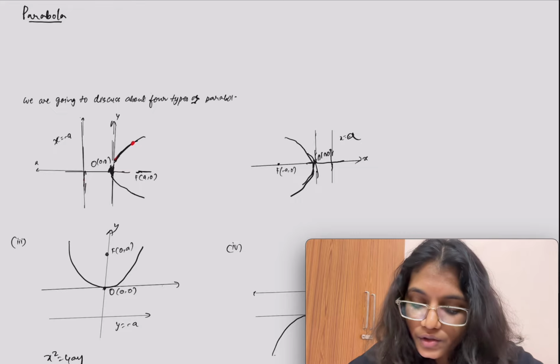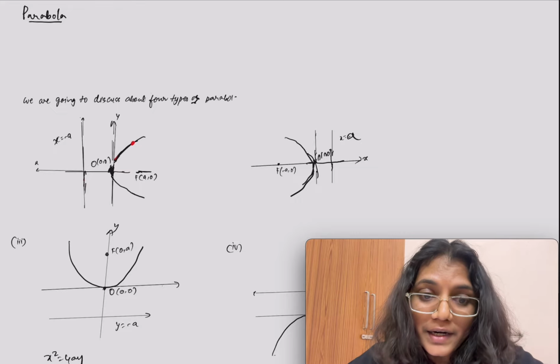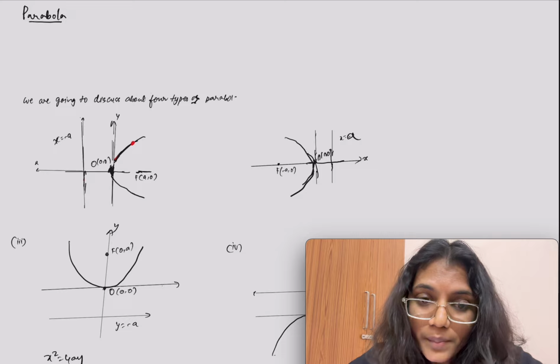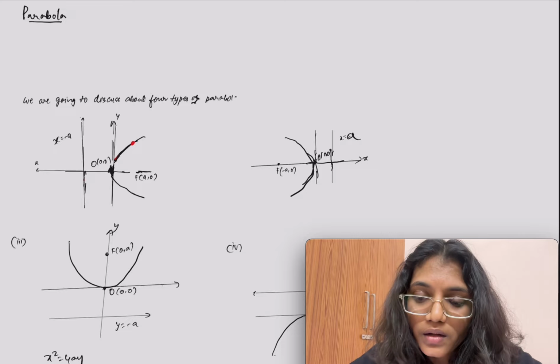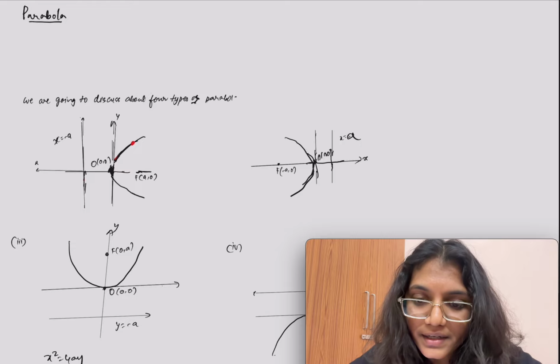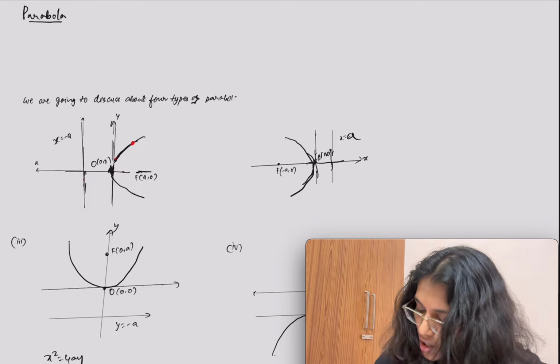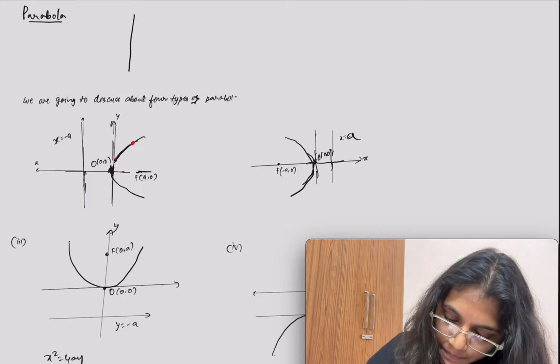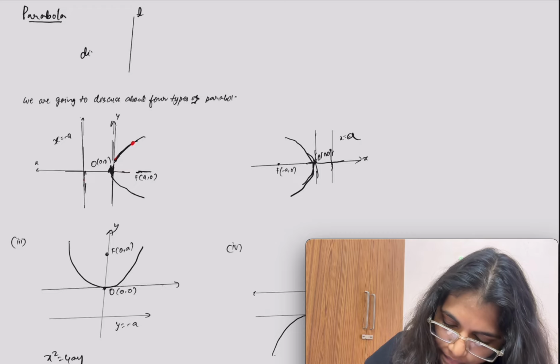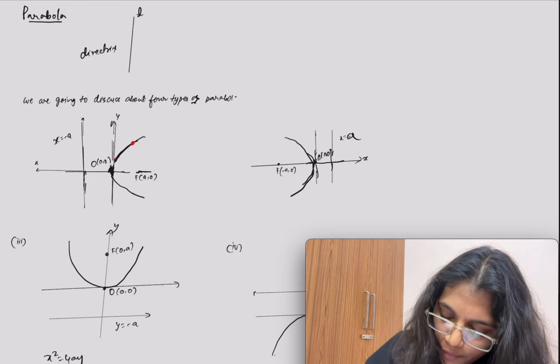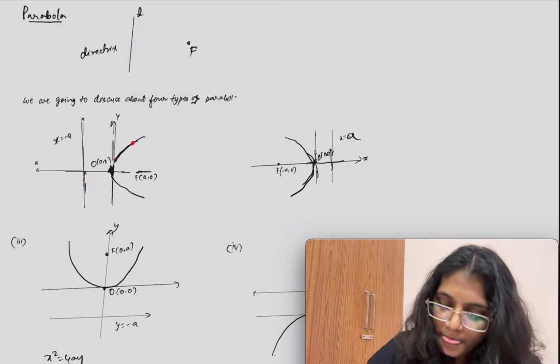So the basic definition of the parabola is: a parabola is a set of all points in a plane that are equidistant from a fixed point, which is called focus, and a fixed line, which is called directrix. So let us take a fixed line L as directrix and a point F as focus.